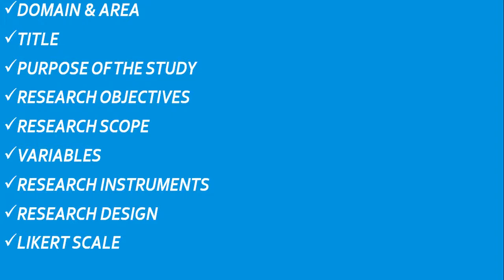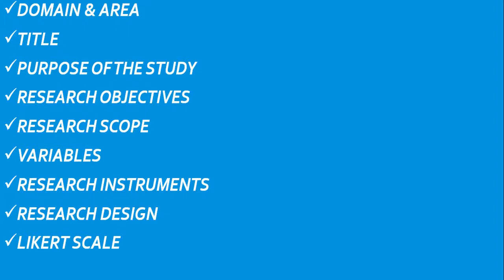I will repeat that this is a checklist which you should keep in your mind when you are about to search your questionnaire. I will quickly repeat that checklist: first domain and area, then title, purpose of the study, research objective, research scope, variables, research instruments, research design, and Likert scale. So this was the research questionnaire checklist.